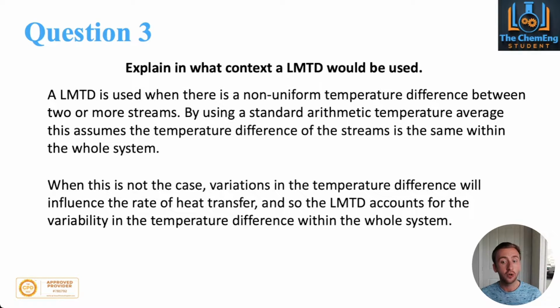So therefore the log mean temperature difference accounts for the variability of the temperature changes within the entire system. So it just gives you a more accurate delta T value that you can then use in the formulas that you've seen in the previous question.